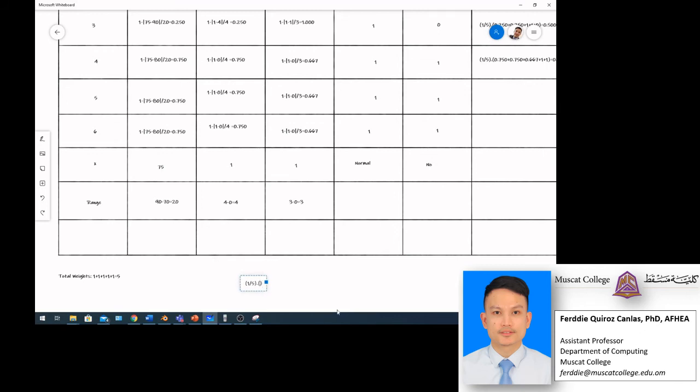The value for patient 5 would be 0.750 plus 0.667 plus 1 plus 1 equals how much?